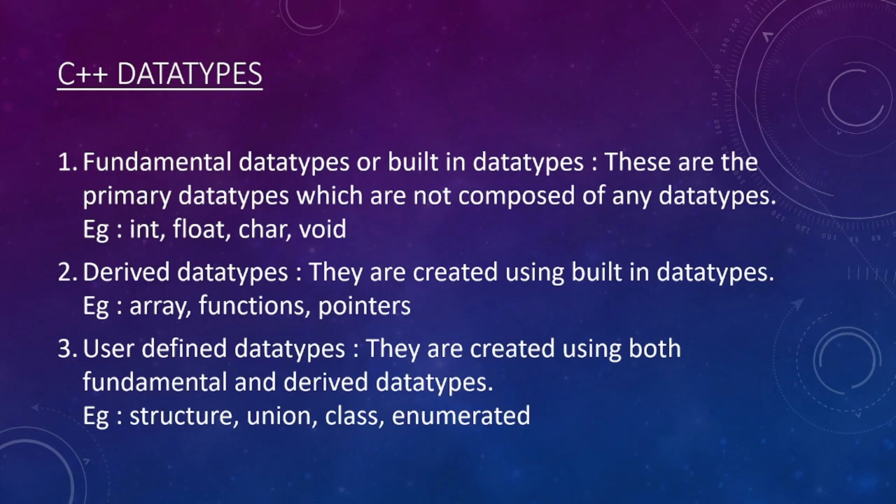Out of these many colors, the most basic ones or the fundamental ones are your primary colors, right? With those colors you can form secondary colors or many other different types of colors. The same way, if we take C++ data types, we have the most basic ones that are int, float, char, void. These are nothing but primary data types, which are the basic elements.